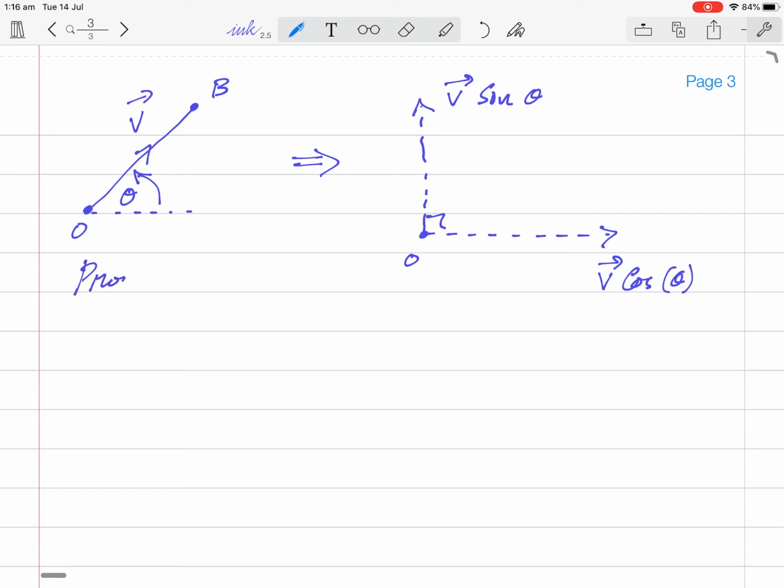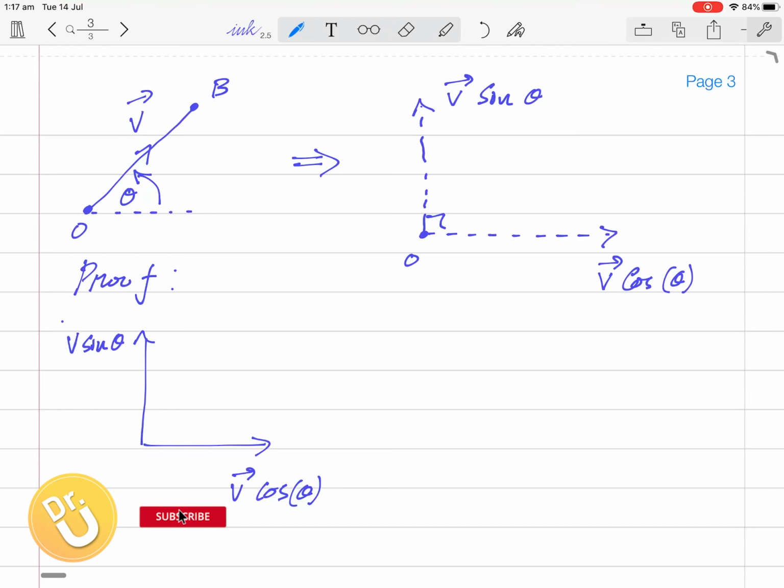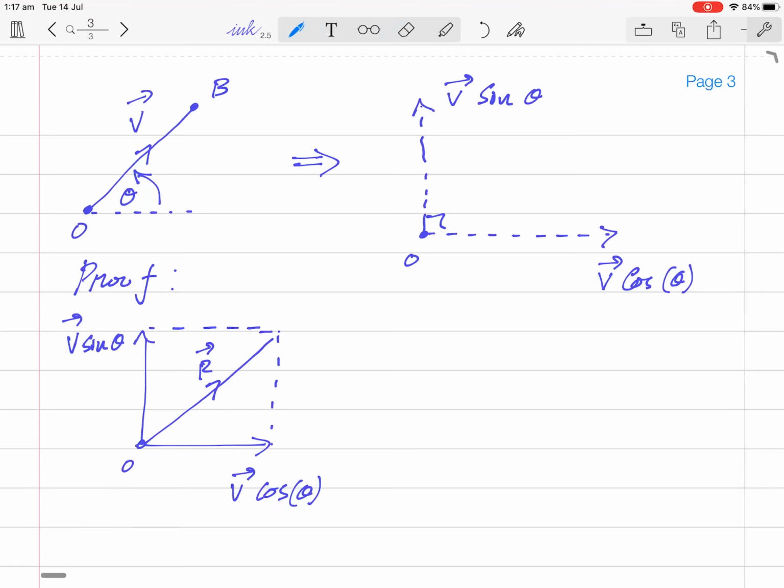There is a very simple proof for this one. Suppose you have V cos theta here and V sine theta. Okay. So now what would be my resultant? The resultant would be this, the diagonal. That would be R.